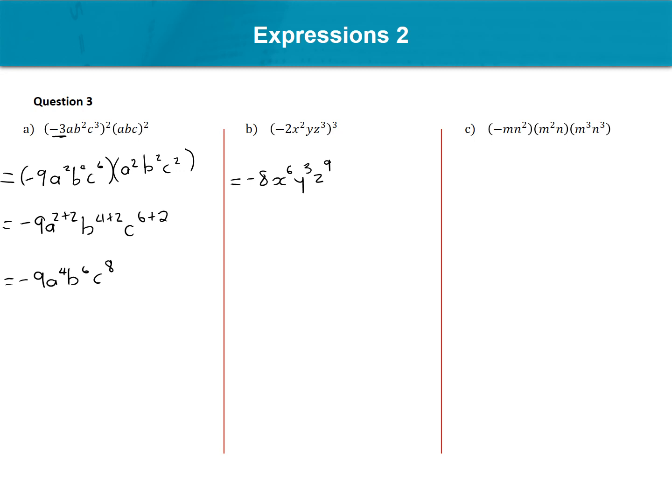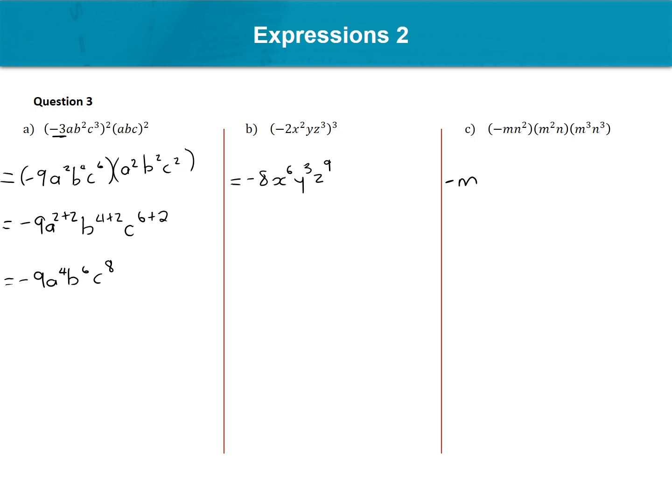C, we don't have any powers outside of our brackets, which means we simply add our exponents. Because we're multiplying factors here, we're adding the exponents. So we have a minus m, because a minus m times a positive m is minus m, then times a positive gives you negative again.